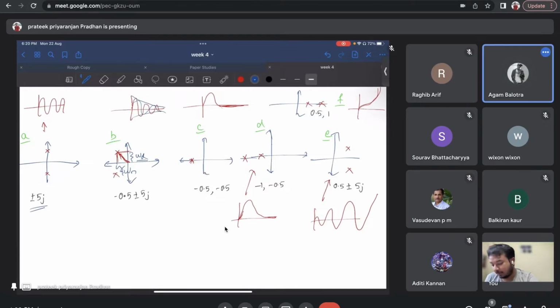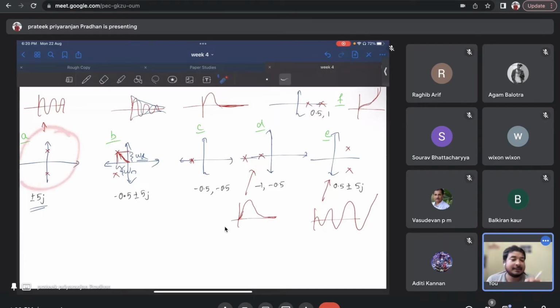I'll repeat. Look at test case A, both the poles are on the imaginary axis. It doesn't have any real part. That means it's a pure sinusoidal frequency.